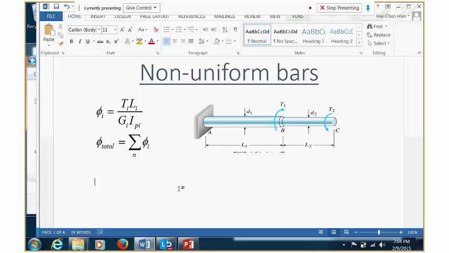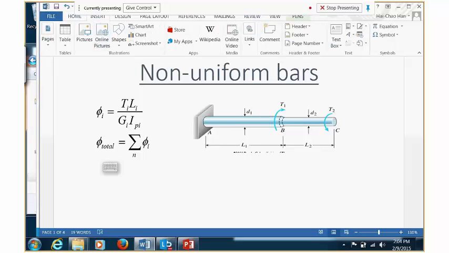Okay, let me get the pen into insert. Hold on one second.